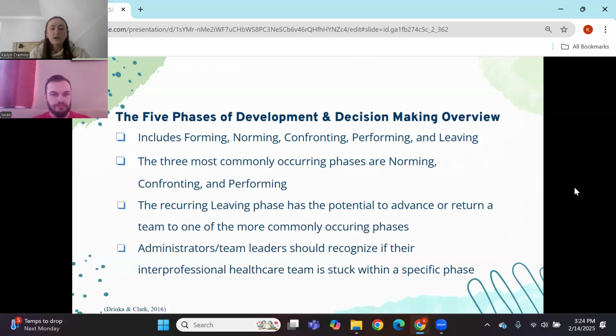A team may be stuck in a phase if there's limited resources to adjust the team's work, a lack of guidance in the development of the team, or if there is limited time to fully address the underlying issues. And we'll discuss various interventions for each phase that can be used to address the task-specific issues.